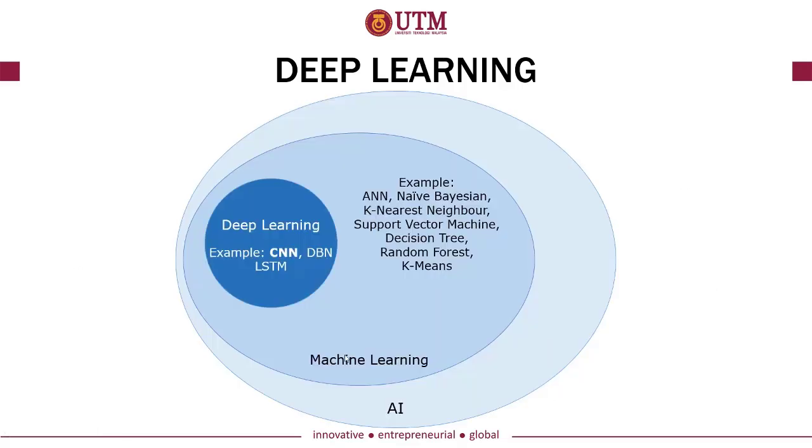Okay, this picture again shows where deep learning actually sits. You can see that the big thing is AI, and what we have learned in this course is more focused on machine learning. We have other techniques that are not machine learning, but we don't cover them in our syllabus.